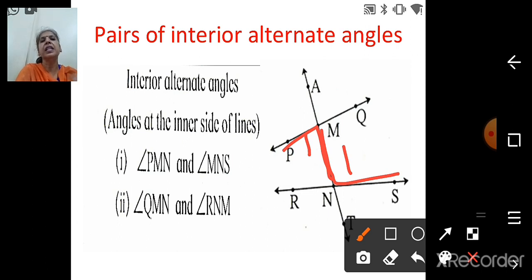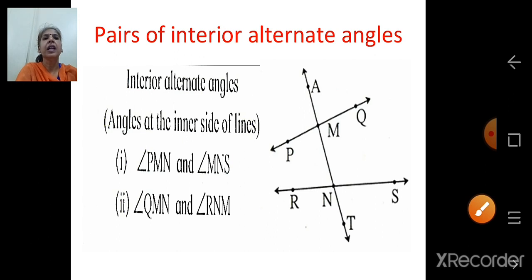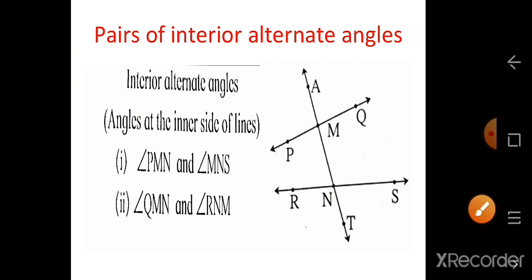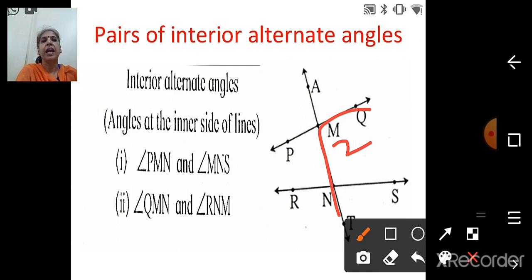And you can clearly see, children, a Z is formed. Right? So these angles are on opposite sides of the transversal and in opposite direction. This is our first pair, angle PMN and angle MNS. And next is angle QMN, second pair, and angle RNM.